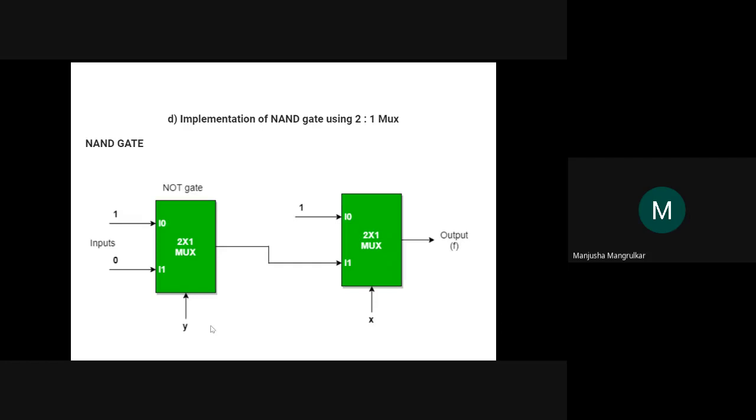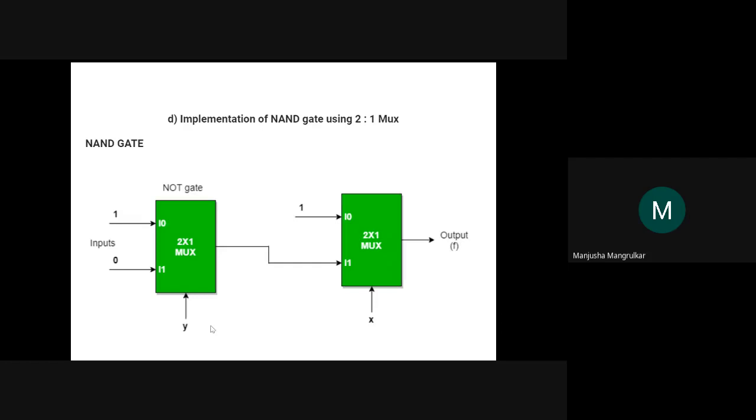It is just the reverse of the AND gate. In an AND gate, if any one of the inputs is 0, my output will be 0; only when both inputs are 1 is the output 1. A NAND gate is just the reverse of the AND gate. So if my AND gate output is 0 0 0 1, the NAND gate output is 1 1 1 0, right? If we design a truth table, we get just the complement of that.